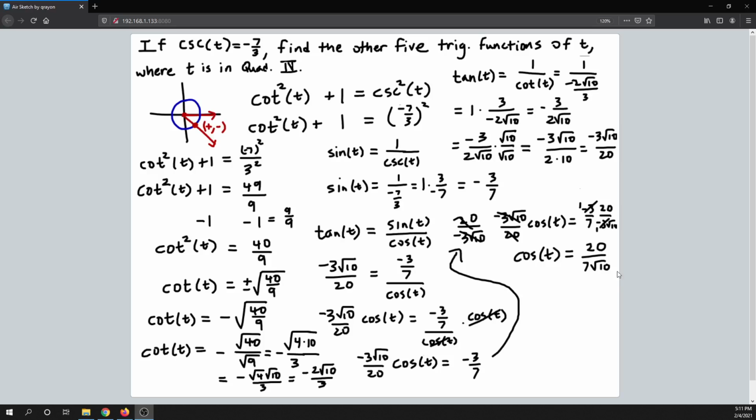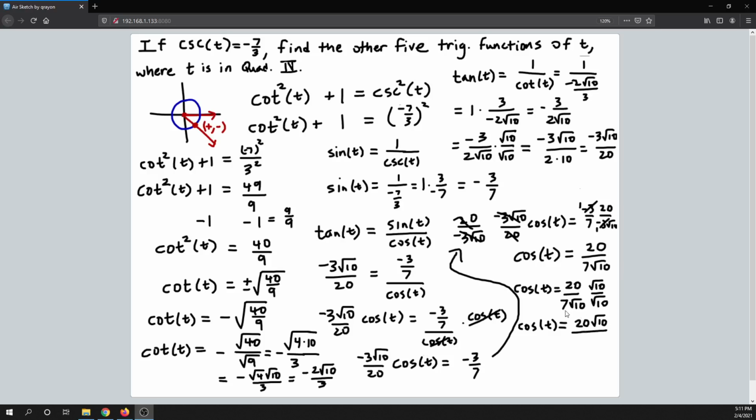The only problem is I have a square root in the bottom here, and so I need to rationalize by multiplying top and bottom by square root 10. So I get cosine t equals 20 square root 10.